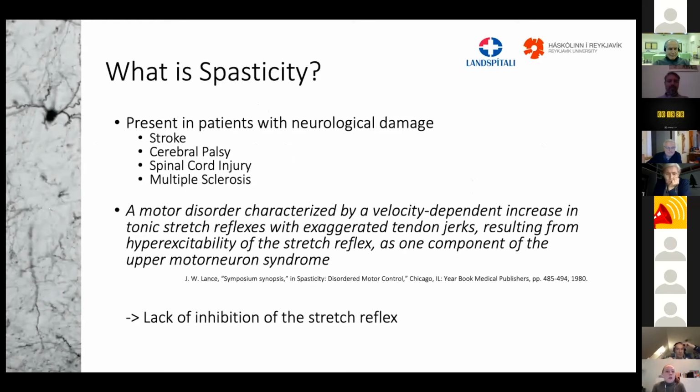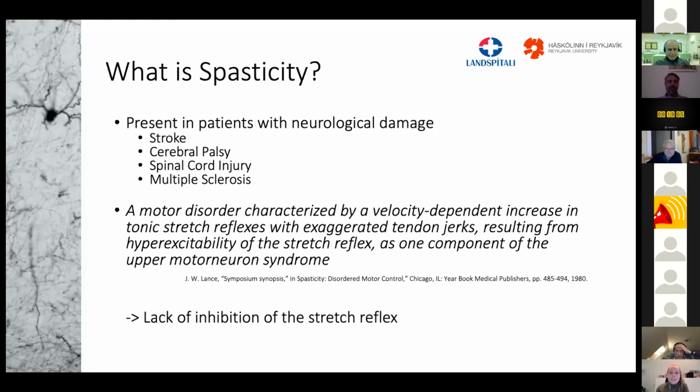Spasticity is a neurological damage that is present in patients with diseases such as stroke, CP, spinal cord injury, and MS. And in 1980, Lanz proposed a definition of spasticity that is still to this day the most commonly used one.